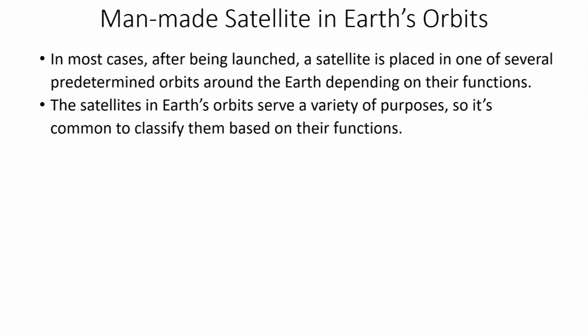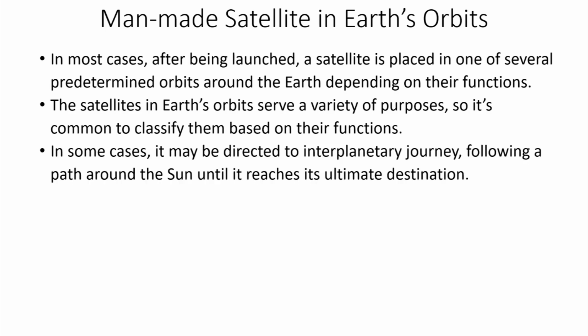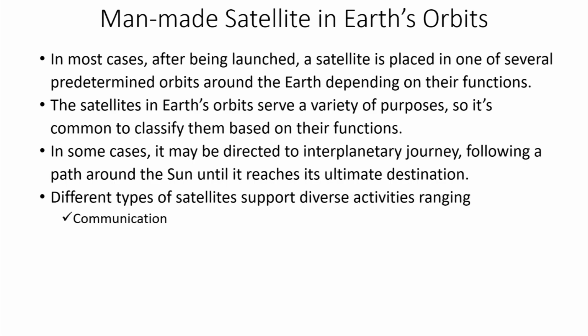It depends on what function that satellite will carry out, and we classify the satellites accordingly. There can also be applications where the satellite is not in Earth's orbit, but in the orbit of other planets or of the sun itself.